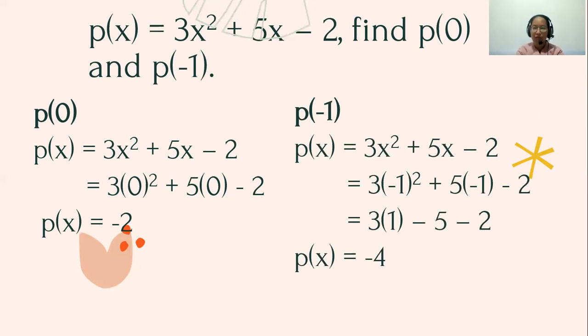Let's find the value of negative 1 raised to the second power, and that is equal to positive 1, while 5 times negative 1 is equal to negative 5, and then copying negative 2. So 3 minus 5 minus 2 is equal to negative 4. Therefore, the value of the function for p of 0 is negative 2, and p of negative 1 is negative 4.